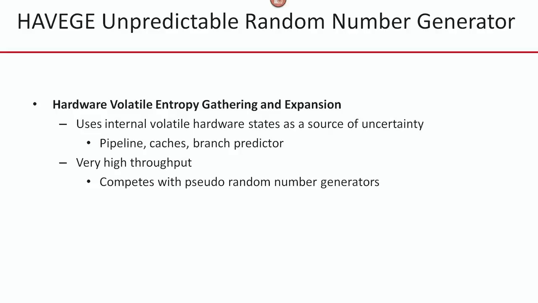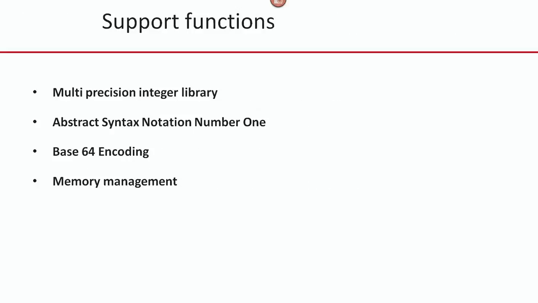So this is looking at things like caches and pipelines, branch prediction units. And this is then used to generate a series of unpredictable random number generators. So we can declare pools of entropy or uncertainty within our system and combine those to create streams of random numbers. So it's a different approach to creating randomness.